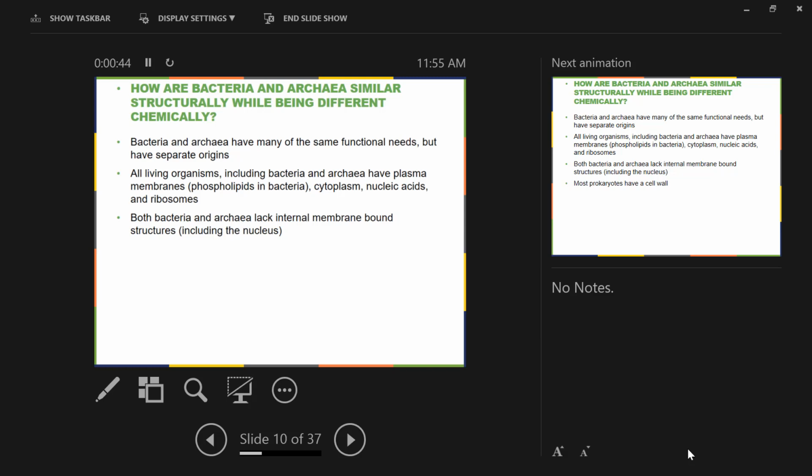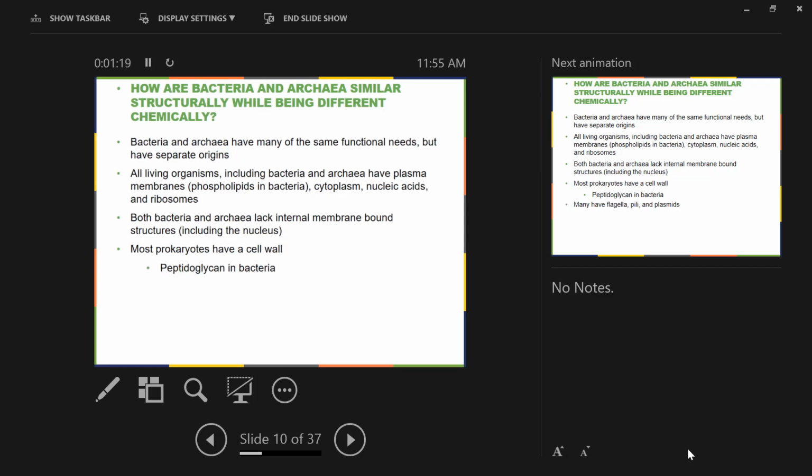On top of that, bacteria and archaea both lack nuclei. They're both prokaryotic cells. And so because of that, the intracellular structure should be fairly similar, okay? And they have similar functional needs. Most prokaryotes also have a cell wall, a non-living structure that's deposited by the cell to provide some additional structure, to provide some additional safety for the organism.